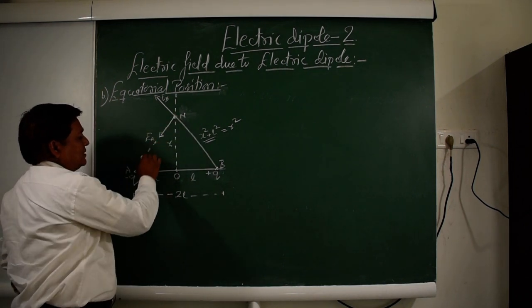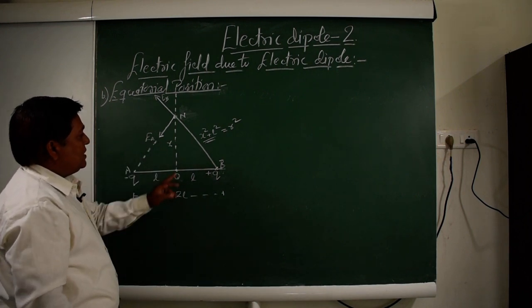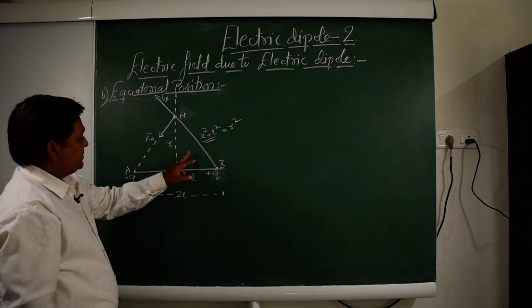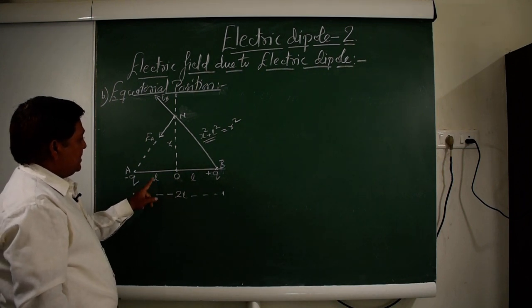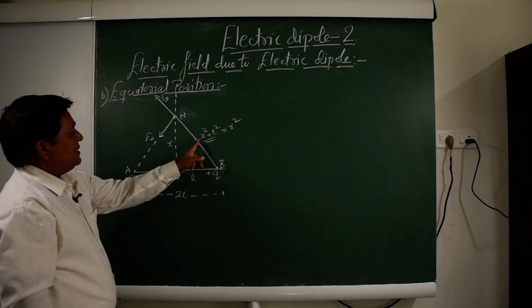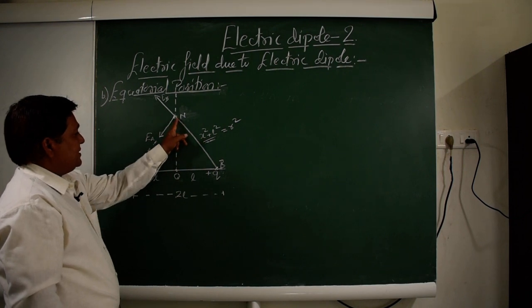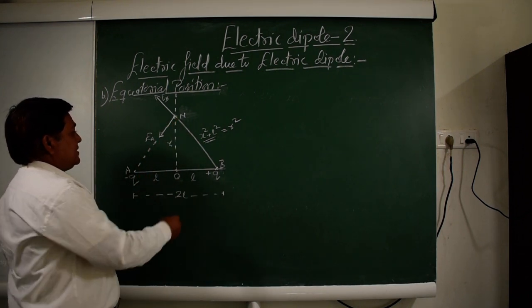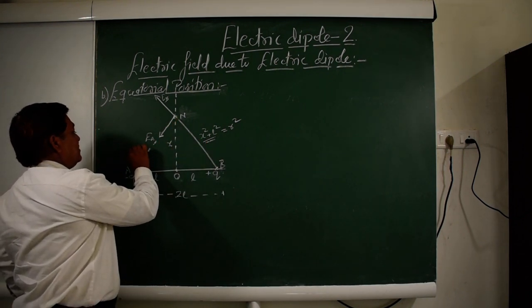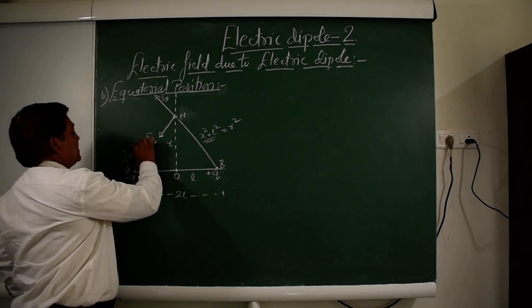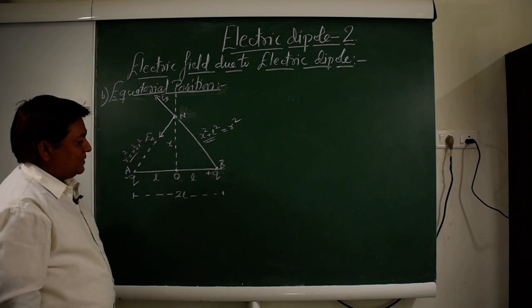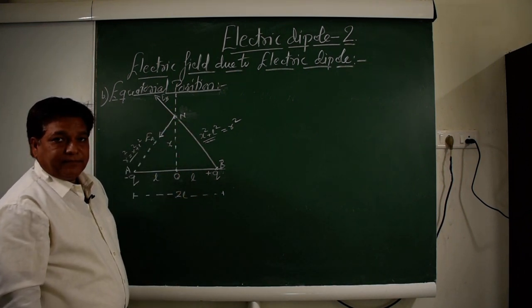The distance of the minus q charge from N will be the same, because this distance is x and this one is L here, so it will be equivalent to r. If I consider this is r, it is the same distance. r square is equal to x square plus L square. So let us write one by one here.